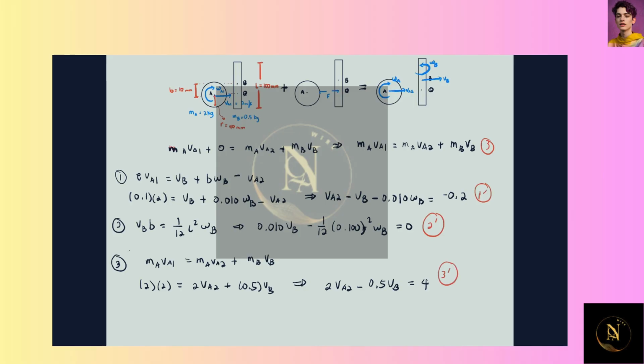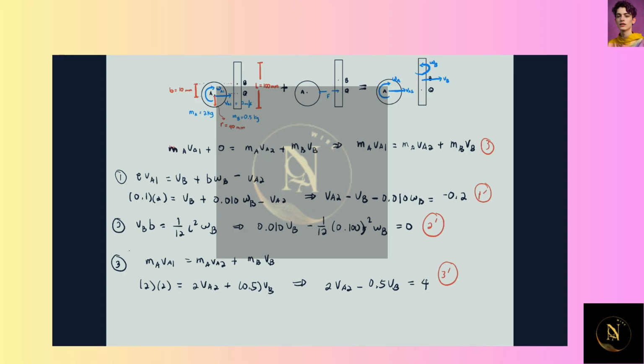Now, solving equations 1 prime, 2 prime, and 3 prime simultaneously, I just used the calculator to solve for the unknown values for the system of 3 equations.